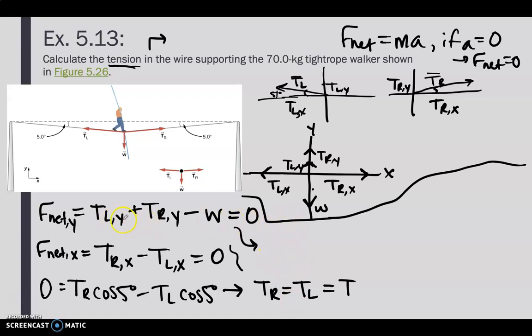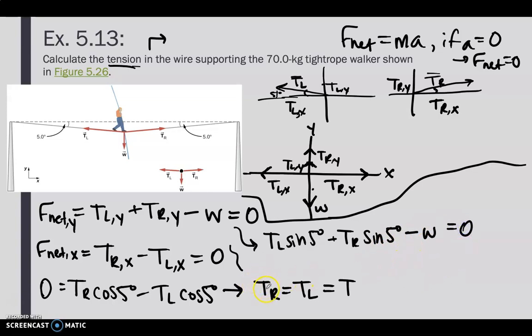Okay, so we have T sub Ly, which is going to be TL times the sine of 5 degrees plus TR sine of 5 degrees minus the weight, which for now we'll leave as W, equals 0.